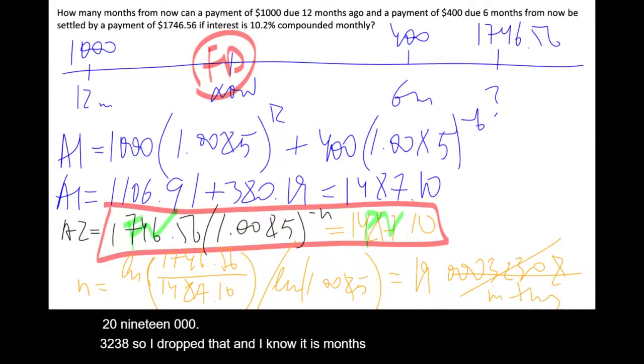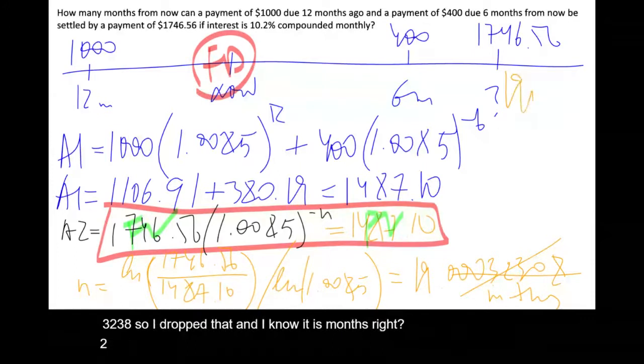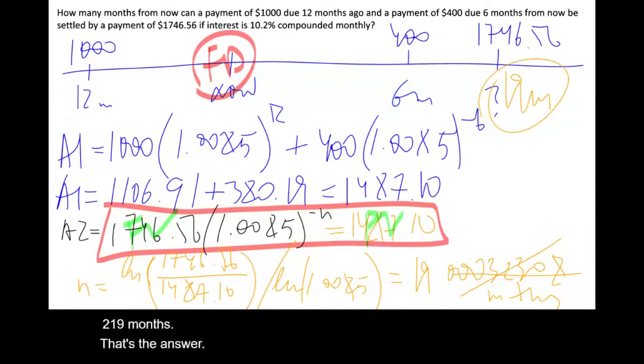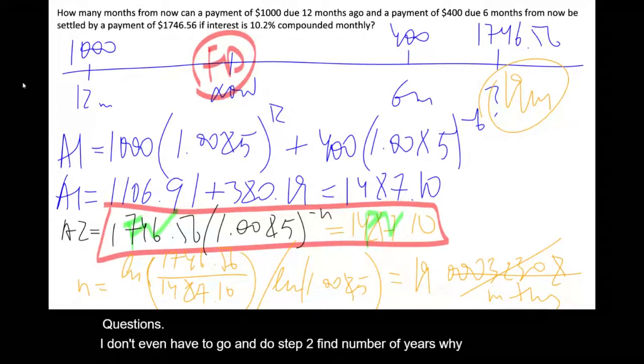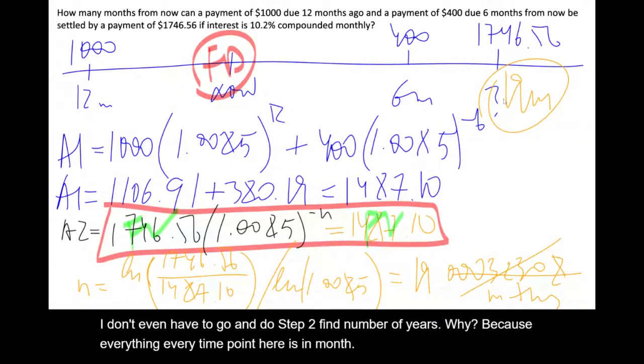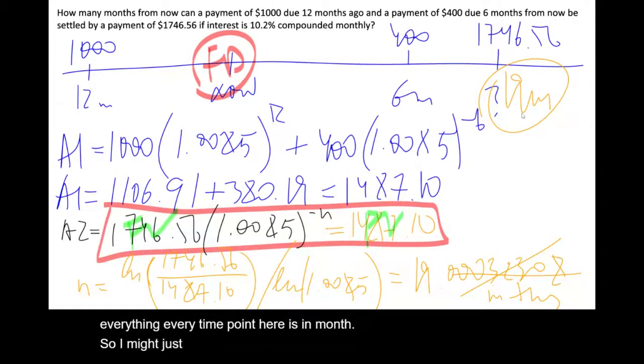Months. So 19 months. That's the answer. Questions? I don't even have to go and do step 2, find number of years. Why? Because every time point here is in months. So I might just use months.